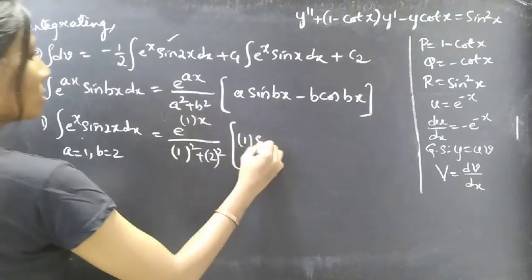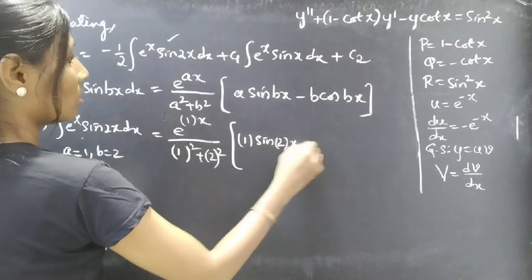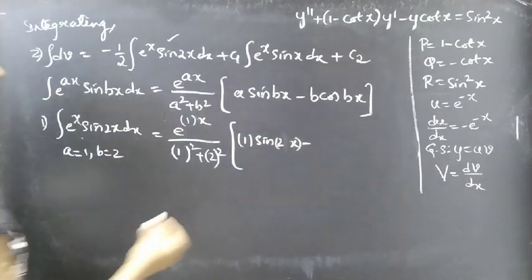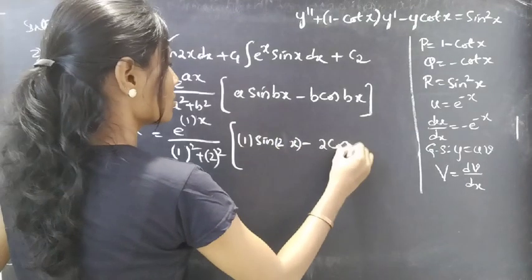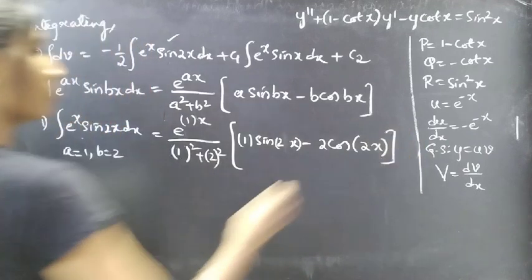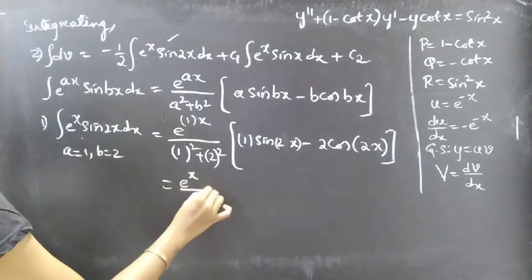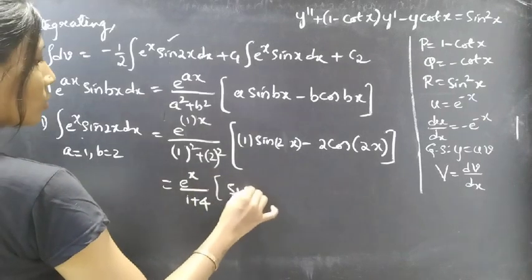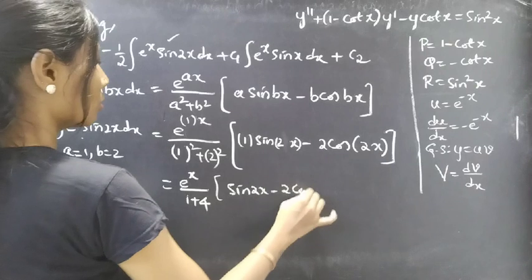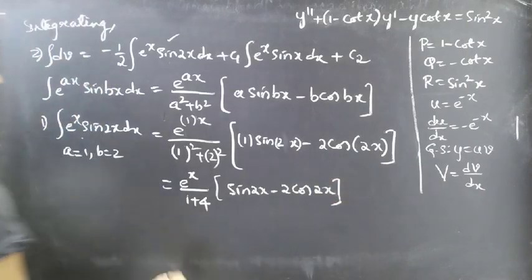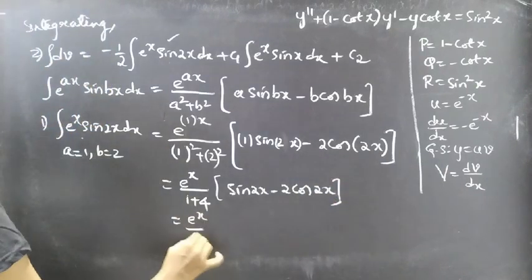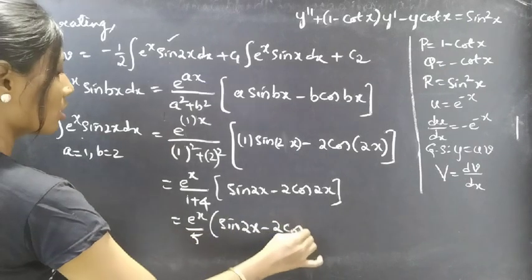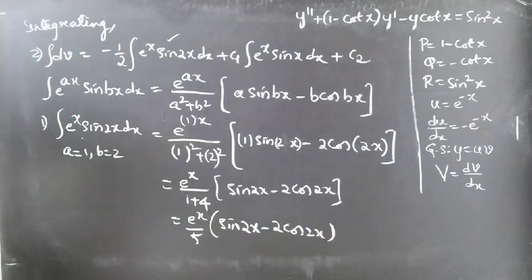a sin bx minus b cos bx, which equals e power x by 1 plus 4, 2 square is 4, into sin 2x minus 2 cos 2x, which equals e power x by 5 into sin 2x minus 2 cos 2x.